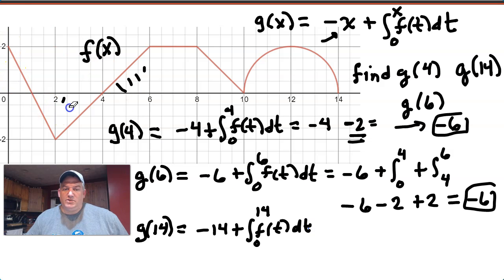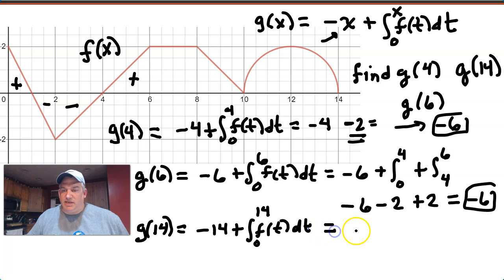I'm going to erase some of this. So from 0 to 14, we have this is a plus, but this is a minus. Those match. This is a minus, but this is a plus. They're the same size. So technically, we could just find the value of the integral from 6 to 14.